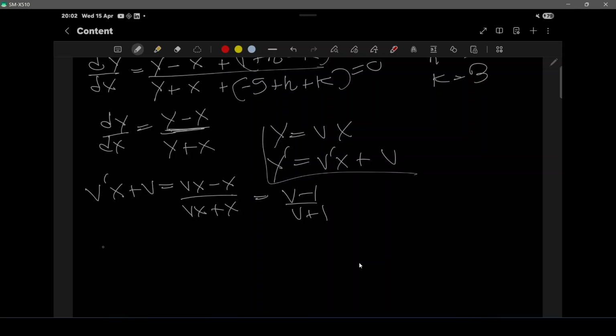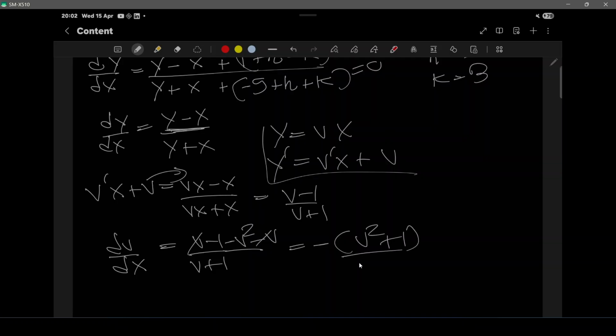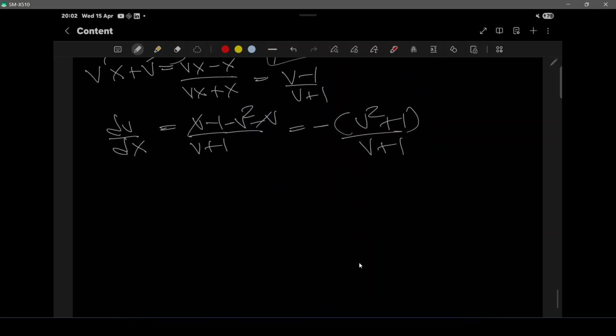So dv over dx is equal to v minus 1 over v plus 1 minus v. It is like minus v squared minus v. v is cancelling out, so it is minus v squared plus 1 over v plus 1. So now it is variable separable.